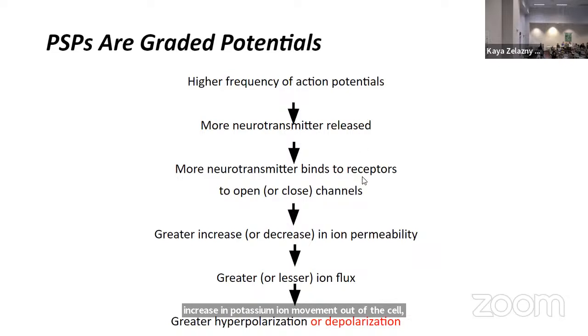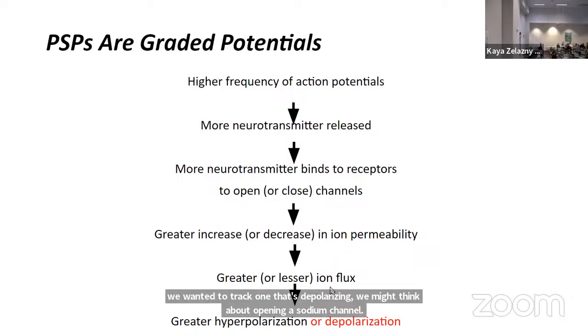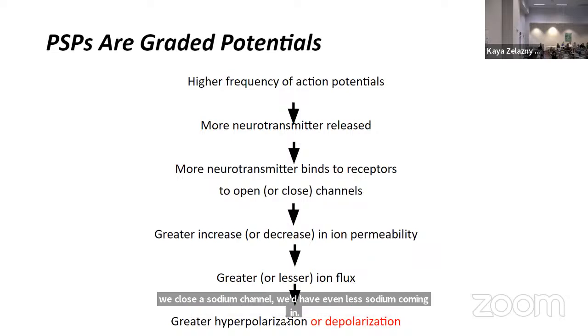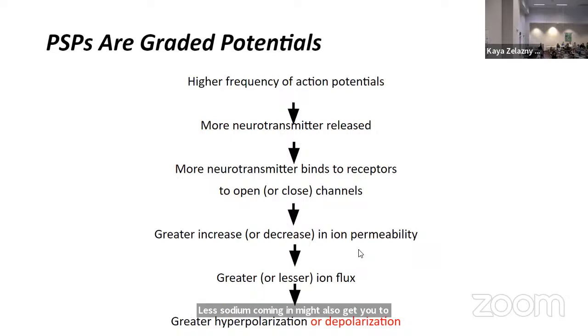If we wanted to track one that's depolarizing, we might think about opening a sodium channel, increasing sodium permeability, more movement of sodium, resulting in sodium coming into the cell, depolarizing. If we do the reverse, let's think about sodium now. Let's say we close a sodium channel, we'd have less sodium coming in, which might also get you to hyperpolarization. This is just a workflow for thinking through how you get to inhibition or excitation.